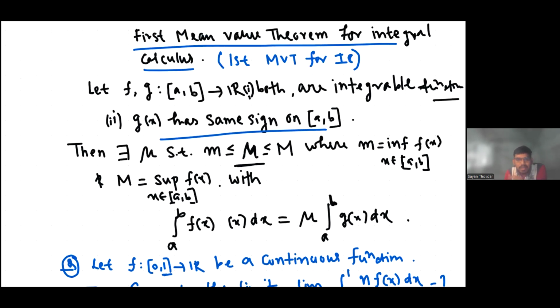Continuous functions are also integrable. In the statement of the first mean value theorem, if f is a continuous function, then mu is some functional value of f at some point, that is, mu should be f of c for some c in the closed interval, because by the intermediate value property that mu value will be attained.